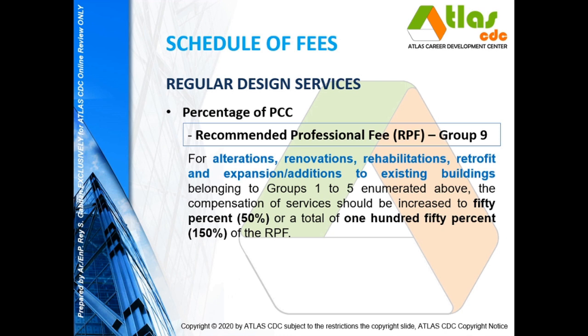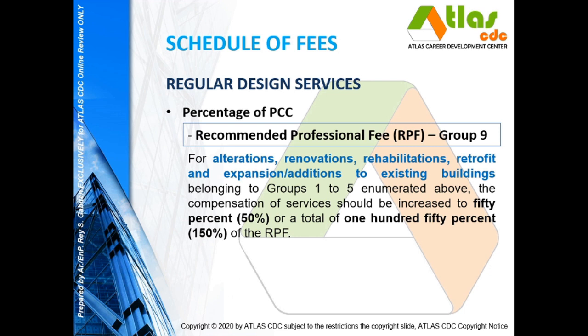So yung kanina na Groups 1 to 5, if that will be an alteration or renovation, you can compute it at 150%. No? So let's say yung sa Group 4, may bahay residential, you'll be doing renovation.